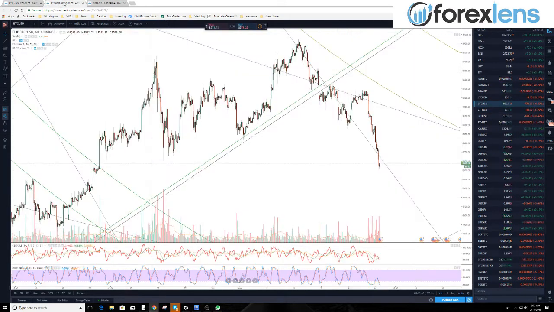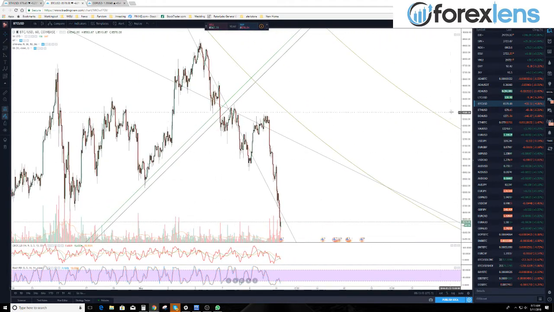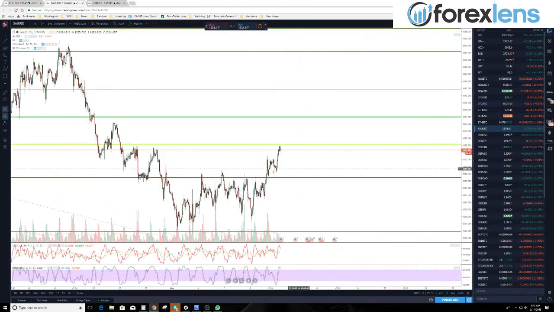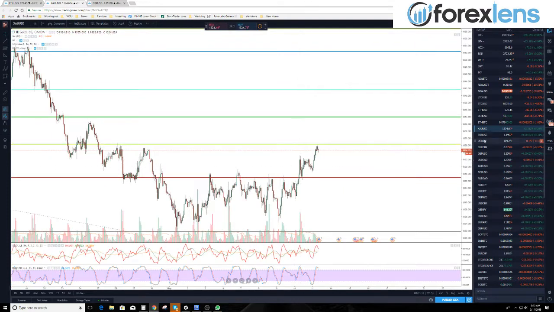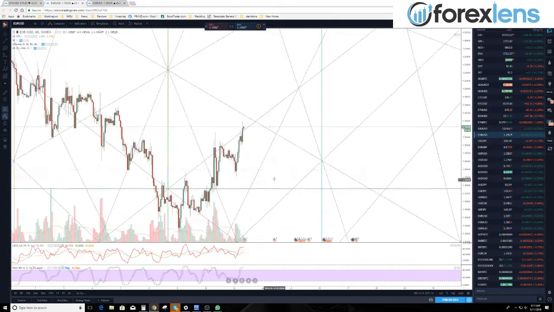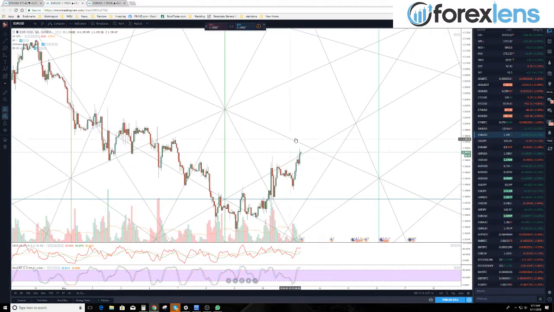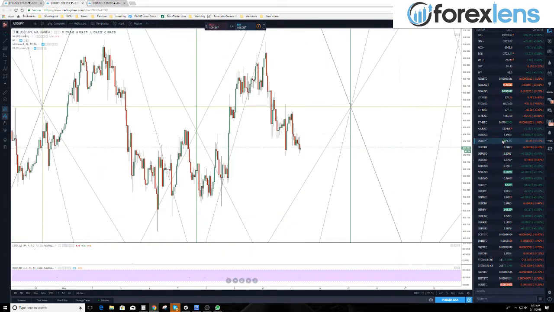One more look at our other markets here. Cryptos, look at gold. What's gold doing? A little weakness there. The euro. Certainly the euro, if we break back down below this angle, we're going to have a sell-off more than likely.